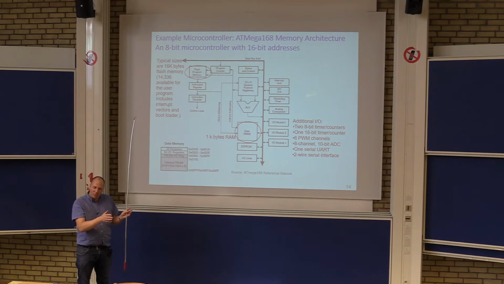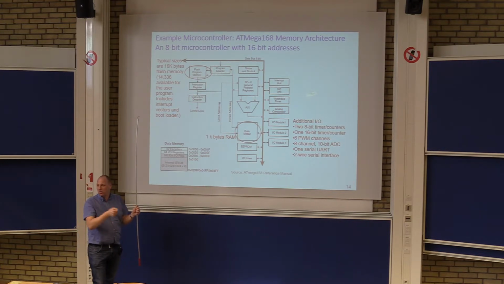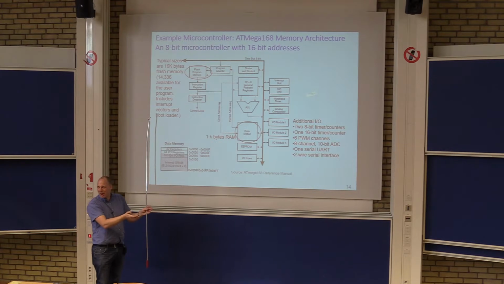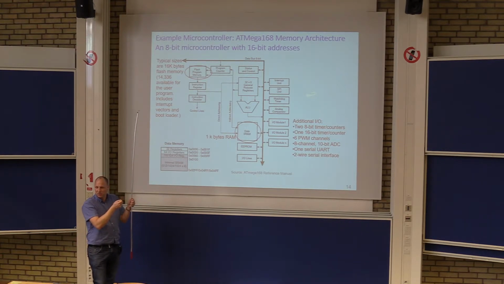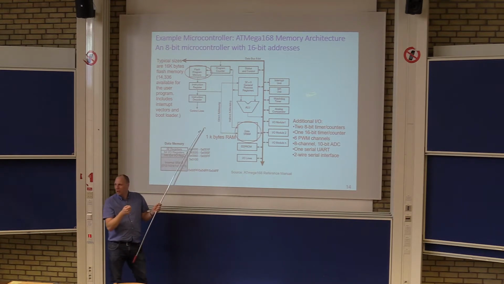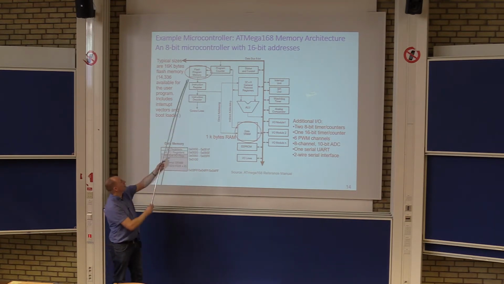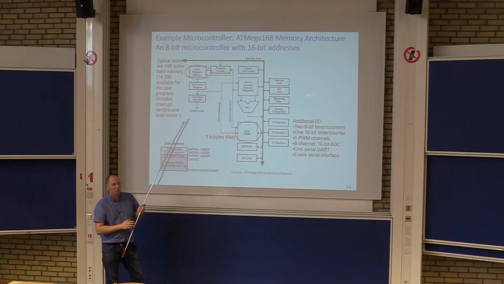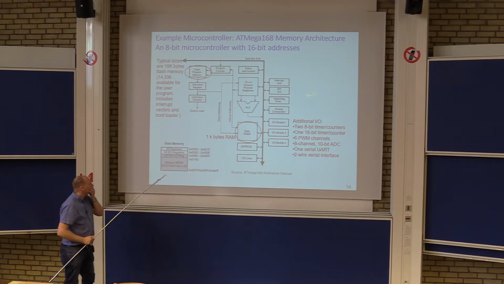It will keep its state even when it has no power. So when you plug in the power again, the program will still be there for you to execute. The normal memory that you have here, if you lose power, everything will disappear. But in the flash memory, it will remain.